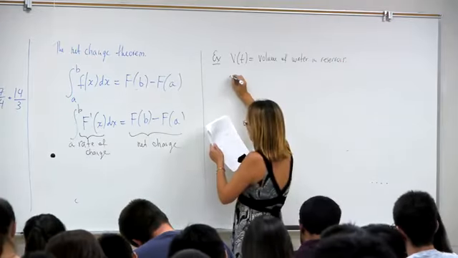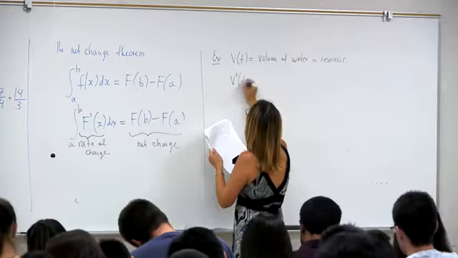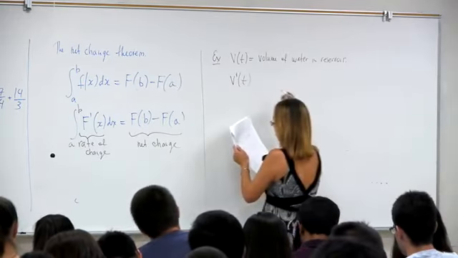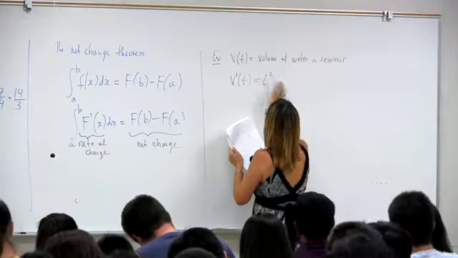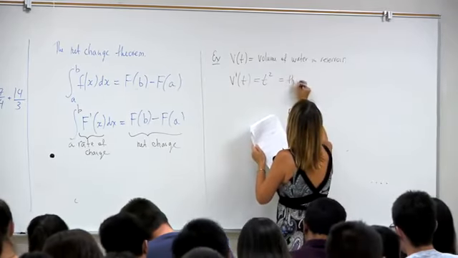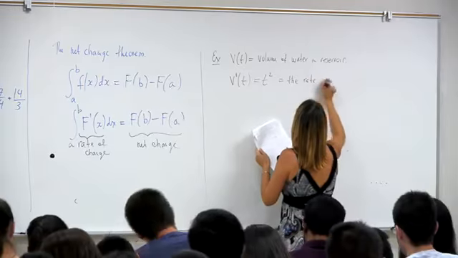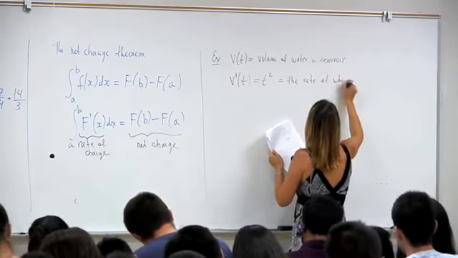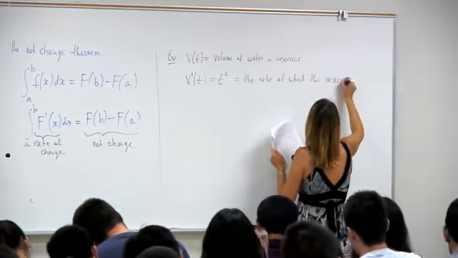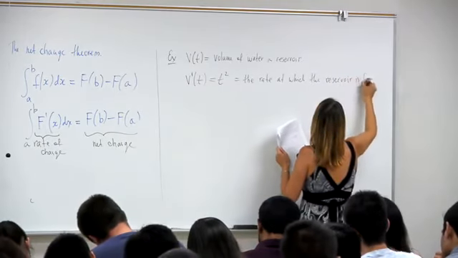And what is given is the time derivative of this quantity. Let's suppose it's given by t squared. And this is the rate of change, the rate at which the reservoir is filled.